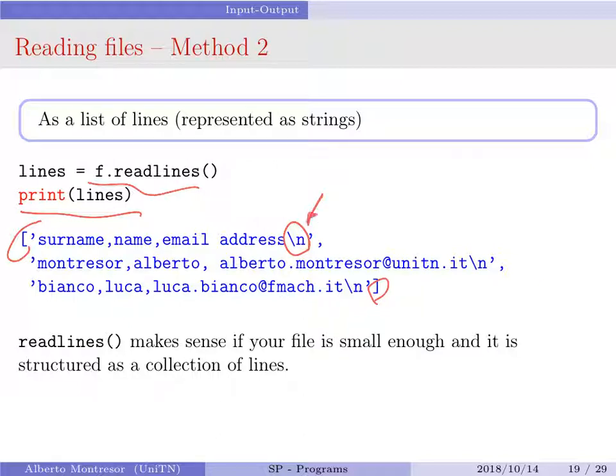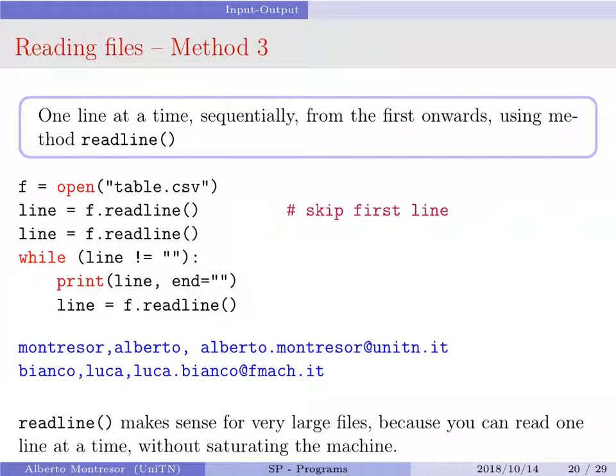Please note that the \n is included in the string, okay? This makes sense again when you want to read the file all together, all the lines in a single operation, but the file is small enough to stay in memory.